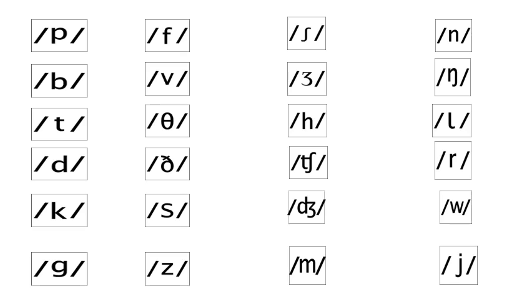Thus, I could have pa, ba, ta, da, ka, ga, fa, va, tha, da, sa, za, sha, ja, ha, cha, ja, ma, na, la, ra, wa, ya.